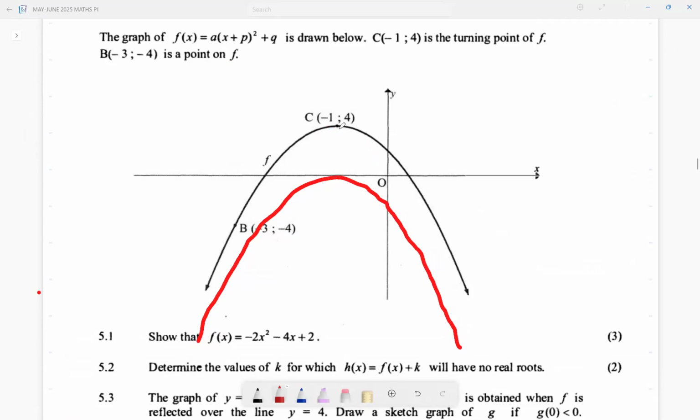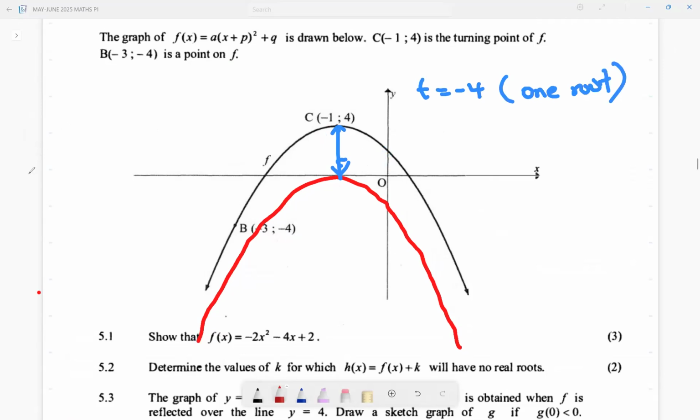So far t is equal to negative 4. If t is equal to negative 4, meaning it has moved down 4 units, it has one root.